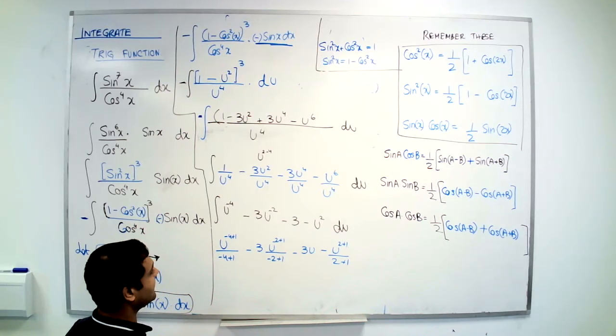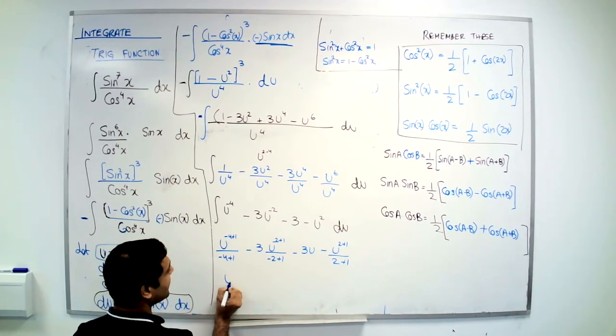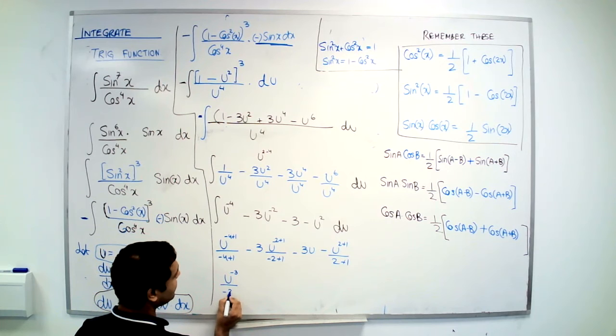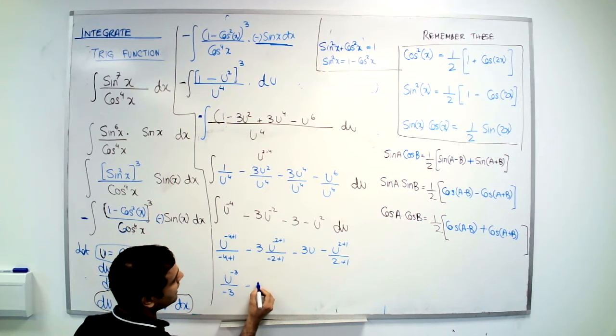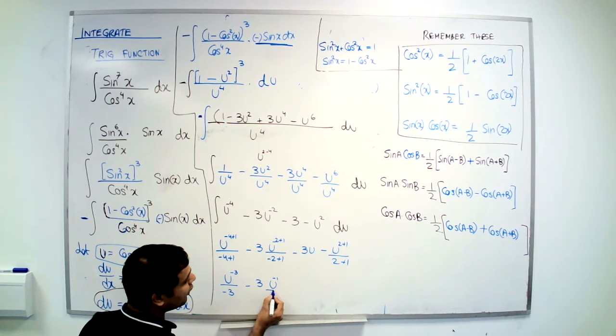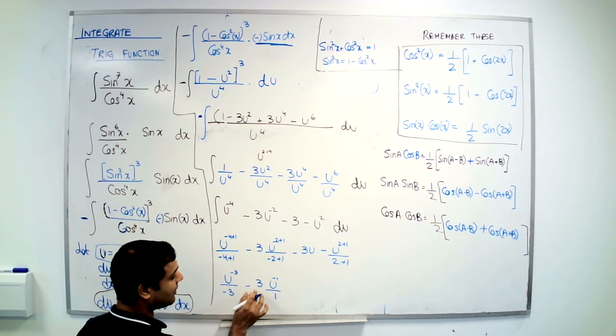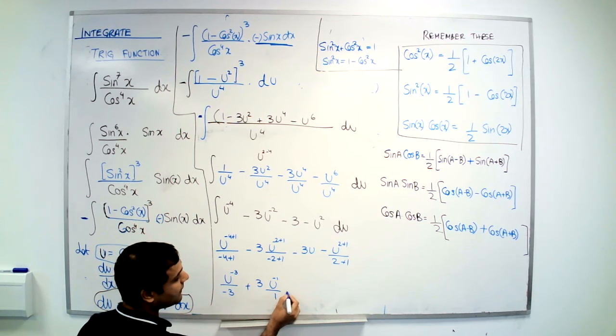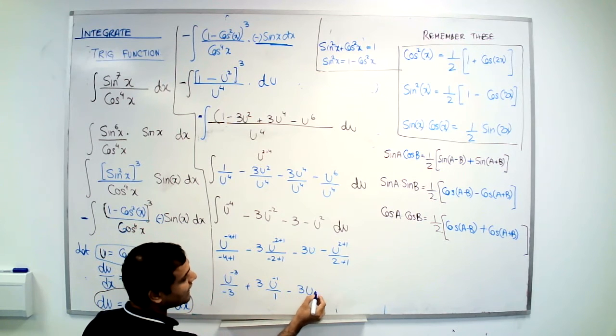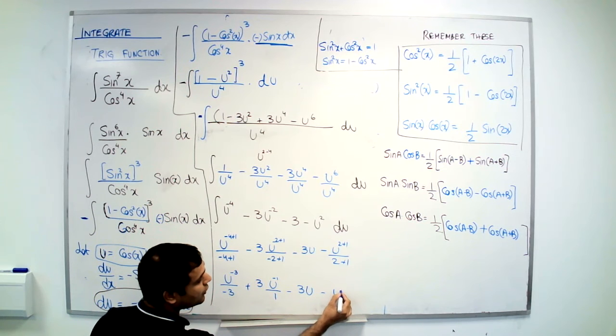Do not forget the C. So this thing becomes u to the minus 3 over minus 3. This becomes a 3 u to the minus 1, over minus 1. This minus and this minus makes a positive. Minus and minus makes positive. I'm rubbing this one out, making it that here. Minus 3u as it is, minus u cubed over 3.